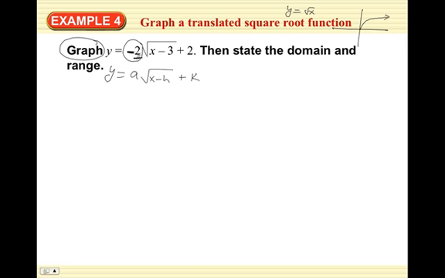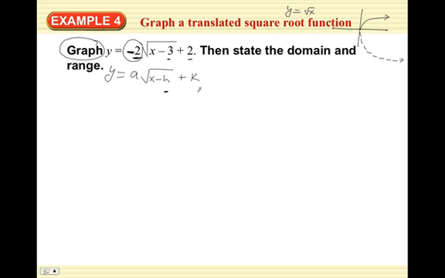Since that's a 2, by comparison, it would be a vertical stretch, so it would be bigger. Everybody following me here? Since it's negative, it's down. Since it's 2, it would be stretched out more than the parent right here. So I'll just draw a rough sketch here. So far it looks like that.